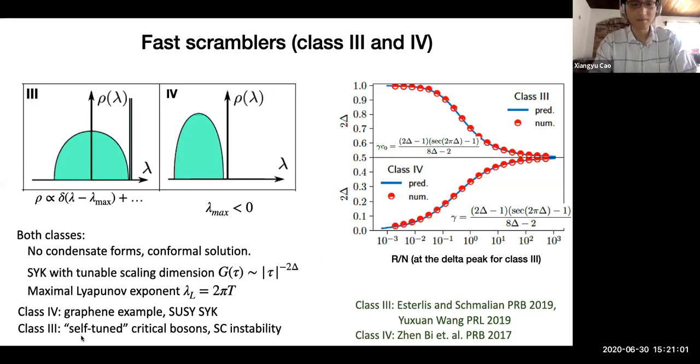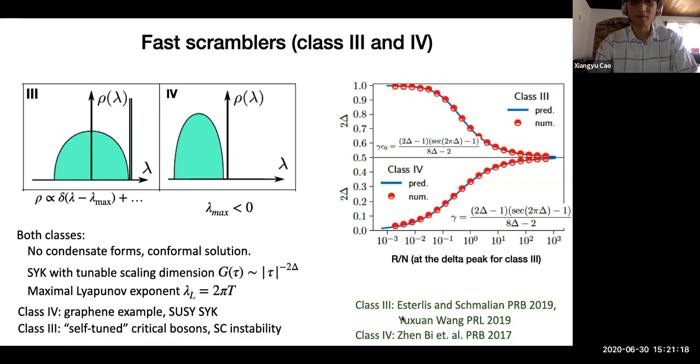Now, class 3 has also been discussed, and it features the so-called self-tuned critical bosons. So you have many bosons over here, and although none of them condenses, they are all soft and critical, and they also have a conformal solution.